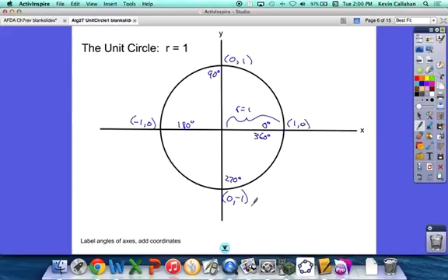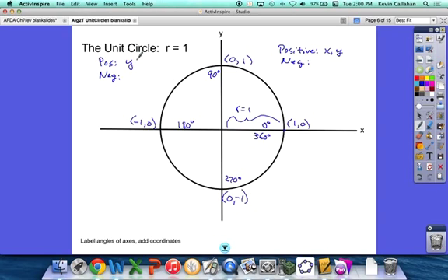All right. And now also notice that as we make these coordinates, in quadrant 1, X and Y are both positive. Negative or neither. But what about in this quadrant? Which is positive and which is negative?